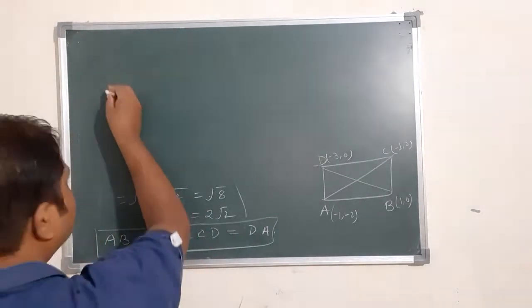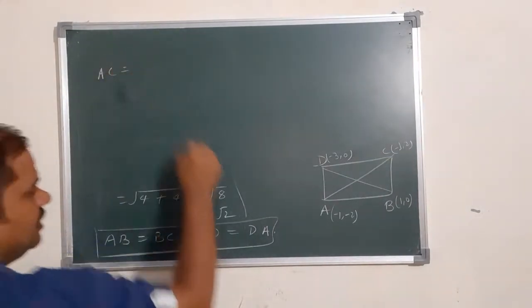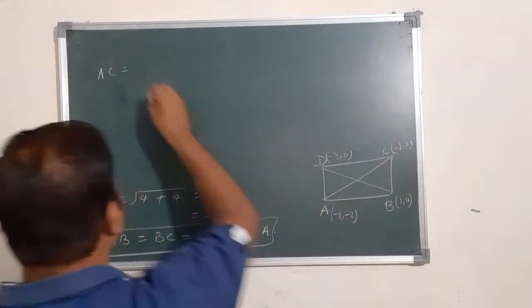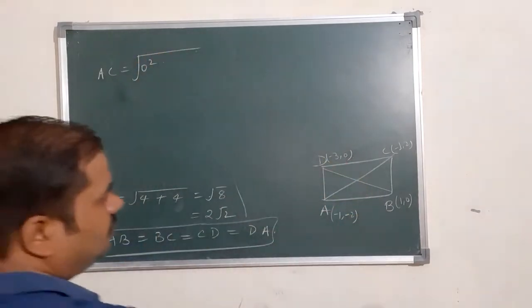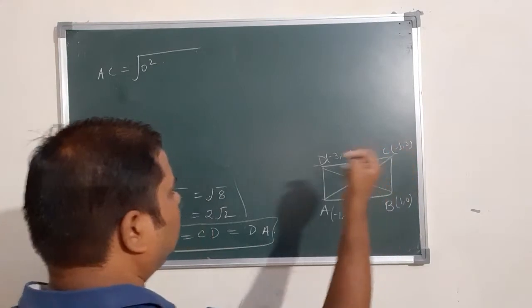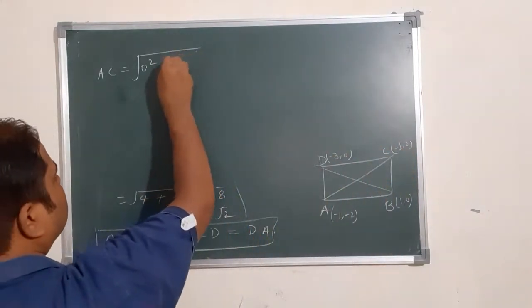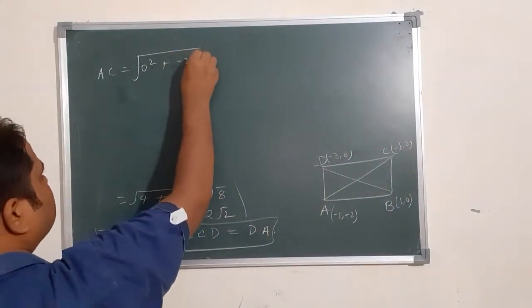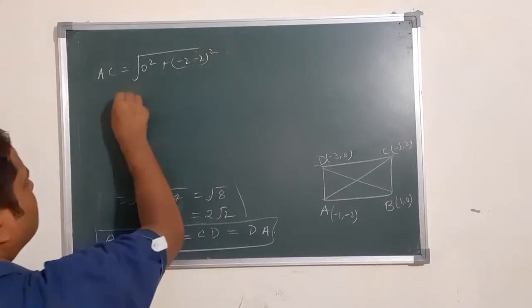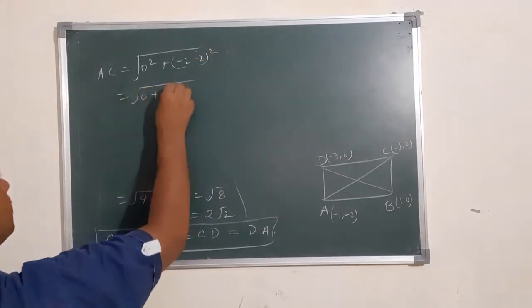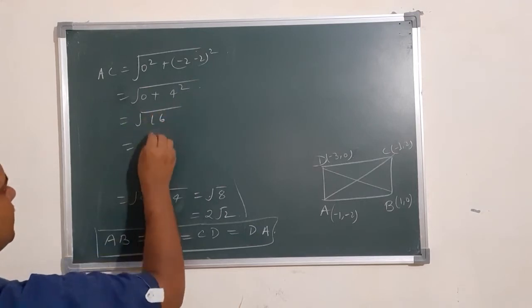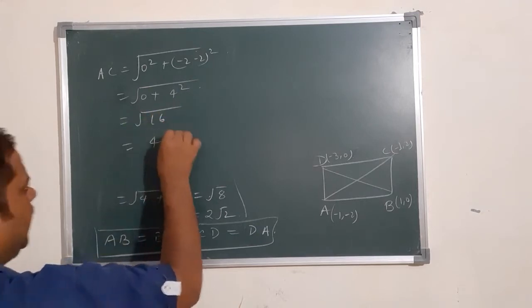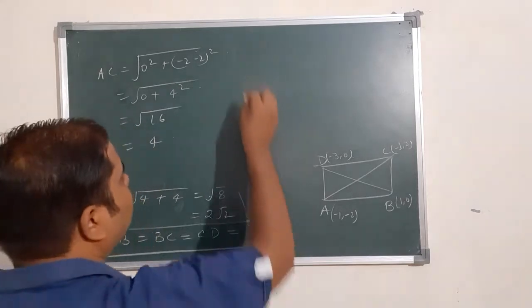So AC is nothing but, AC is root of (-1 + 1) whole square plus (-2 - 2) whole square, that is 0 plus (-4) whole square, so root 16, this is 4. Okay, now what is BD?